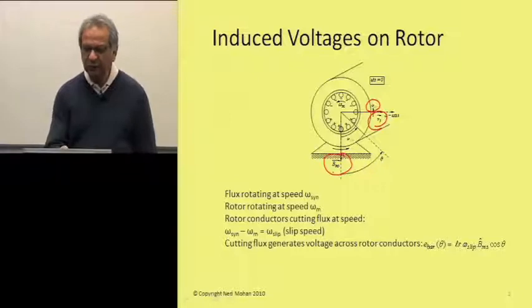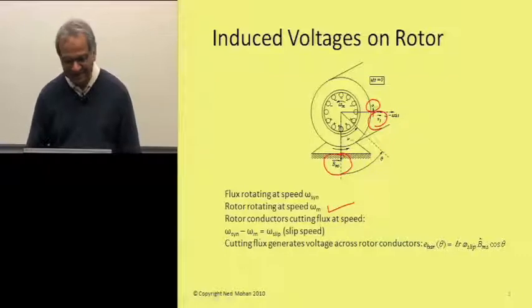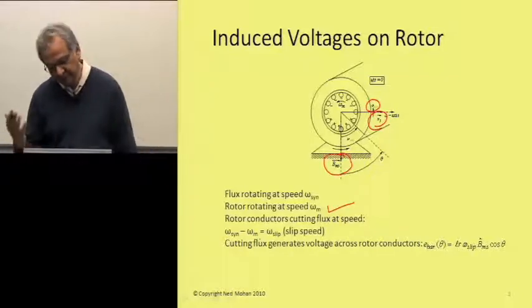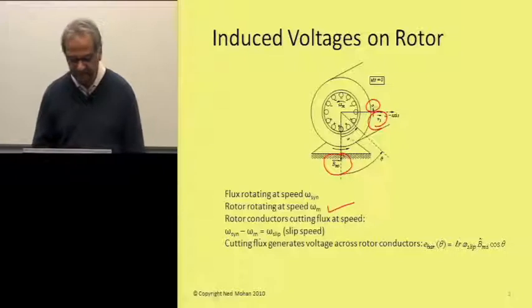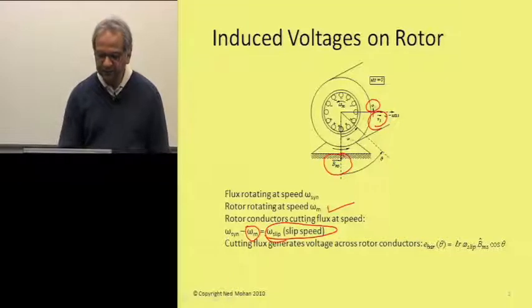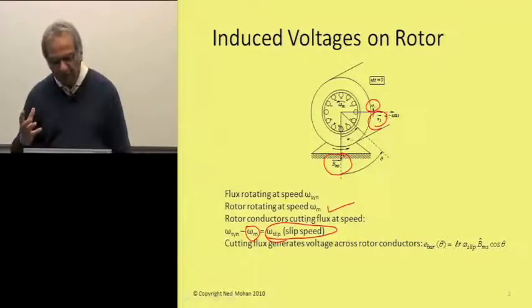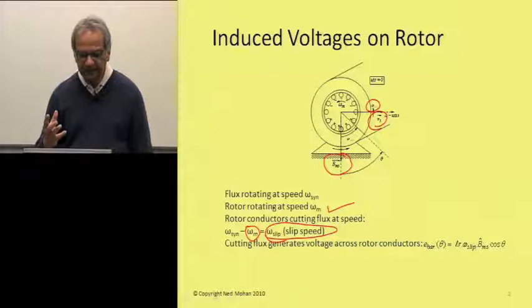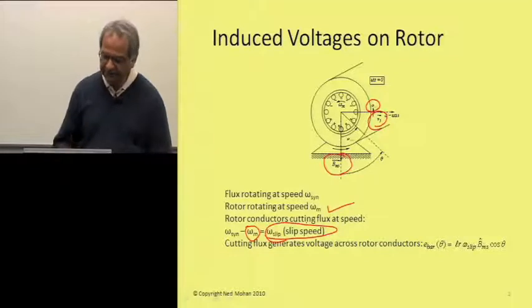But let's say that the rotor is rotating at a speed omega sub m, and this omega sub m is smaller than omega sync. It could also be greater, as we'll see for generator operation. But let's say that omega sub m is smaller, so the rotor is slipping. That's why it's called slip speed. With respect to the synchronous speed, the rotor is slipping at this speed omega slip, which is the difference of these two speeds.